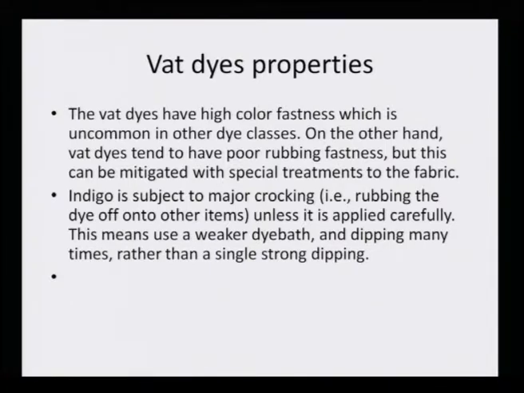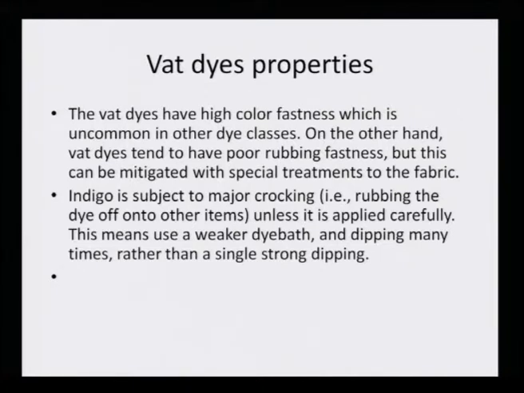Indigo is subject to major crocking, that is rubbing the dye off onto other items unless it is applied carefully. One such example which has not so appreciably high rubbing fastness is indigo dye, because it rubs off the dye as it is in the insoluble vat form unless it is applied carefully.